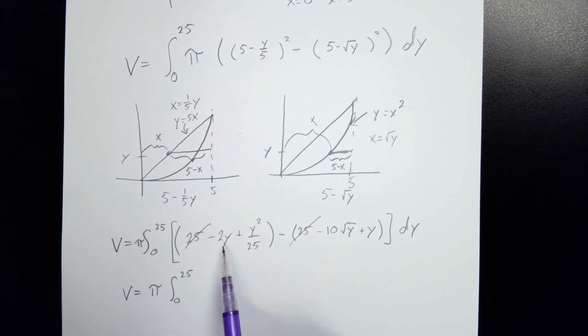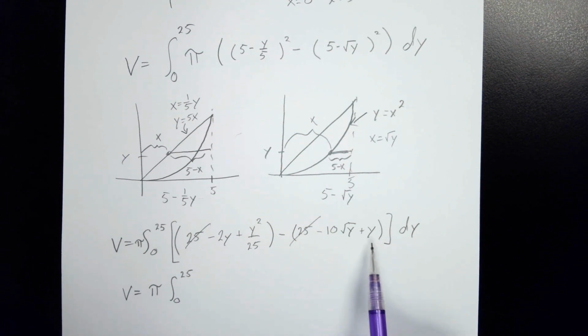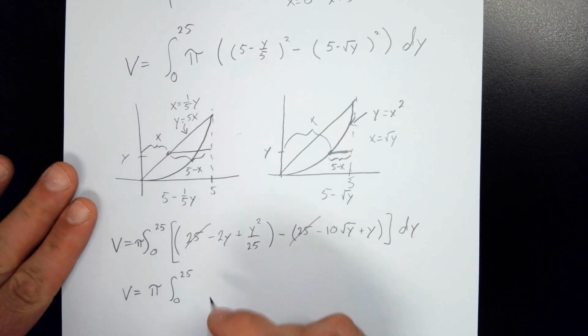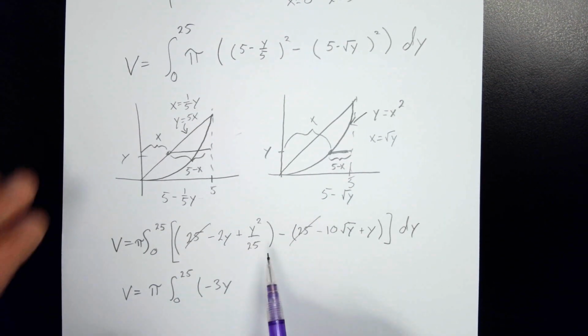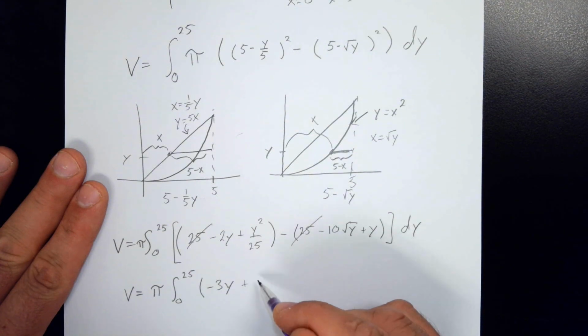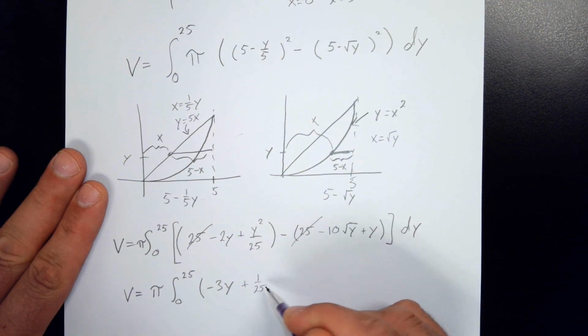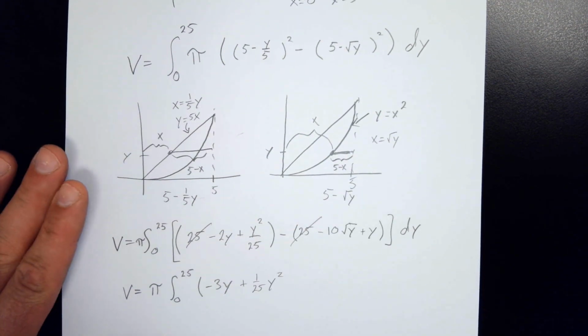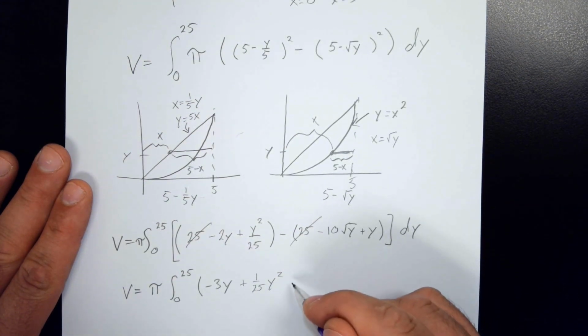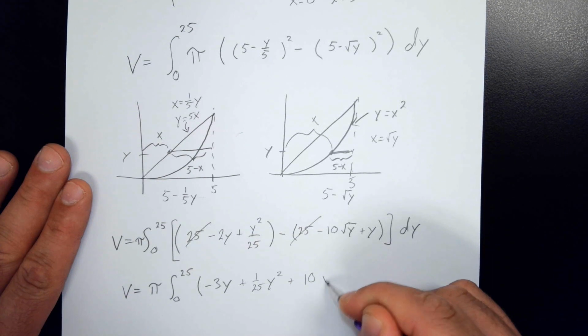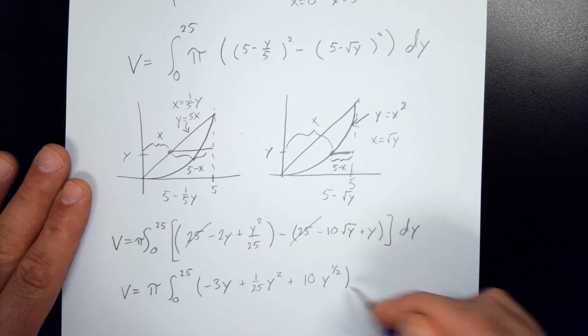So I've got negative 2y minus a y, so that would be minus 3y. I have 1 over 25 y squared, that's that one, and minus a negative 10 square root of y would be positive 10 y to the 1/2, or square root of y, either way.